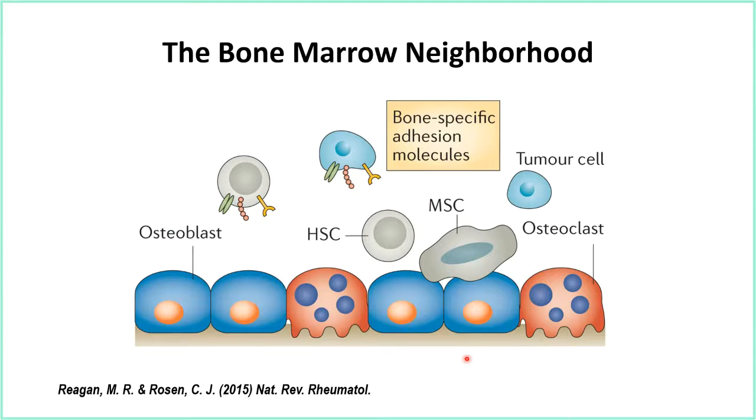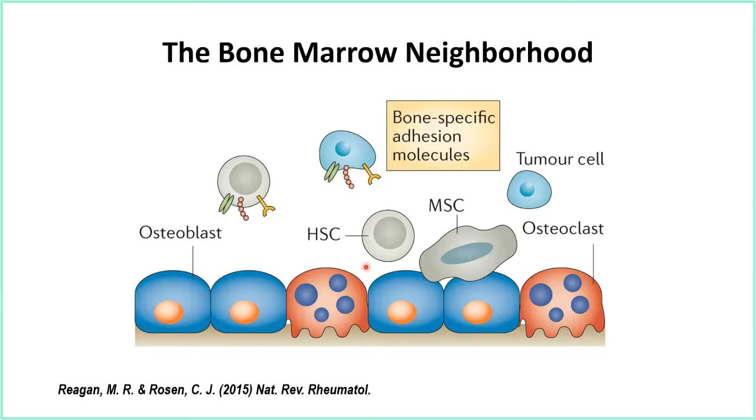I wanted to draw your attention to the heterogeneity of cell populations populating the bone marrow. Of course, on the surface are bone cells, osteoclasts and osteoblasts, with their precursors, either hematopoietic stem cells or skeletal stem cells.